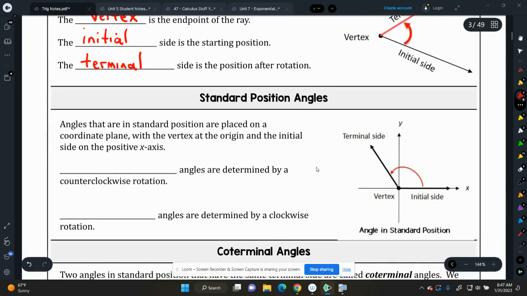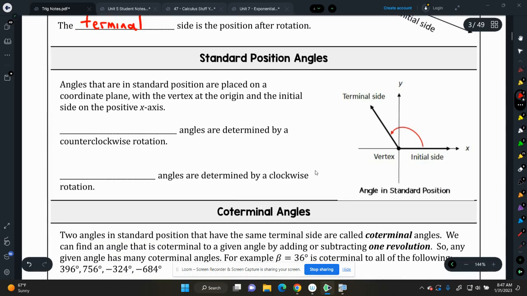When we rotate a vector from its initial side, we rotate in a counterclockwise direction. So if we start our vector here, we rotate counterclockwise. We rotate up. That's how you can remember that.